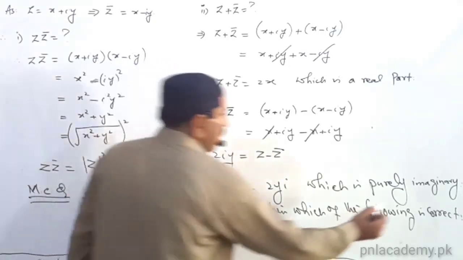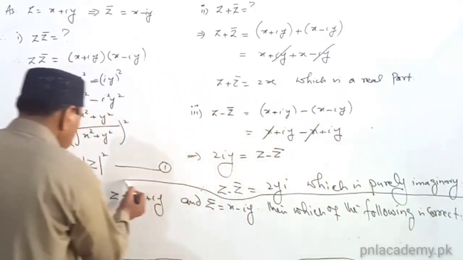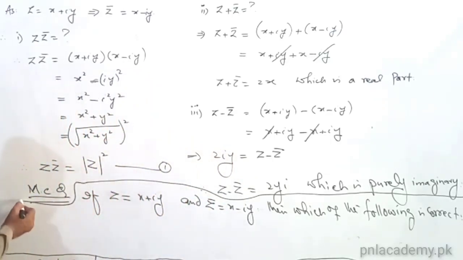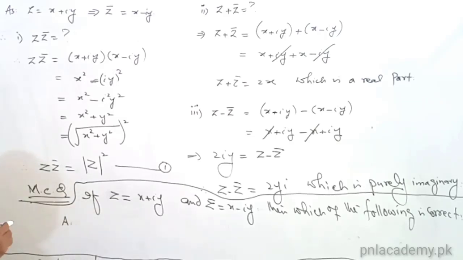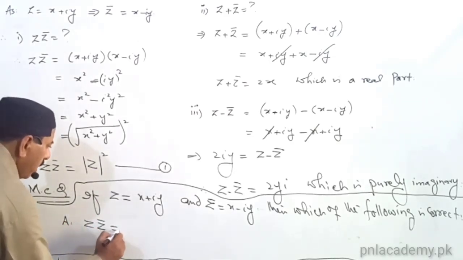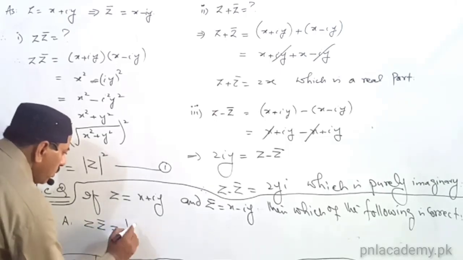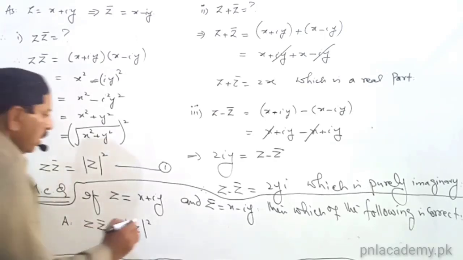Then which of the following is correct? A is the option. A option is z into z bar is equal to mod of z whole square. This is A option.